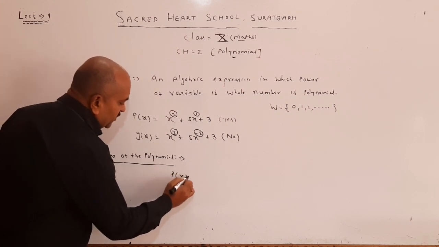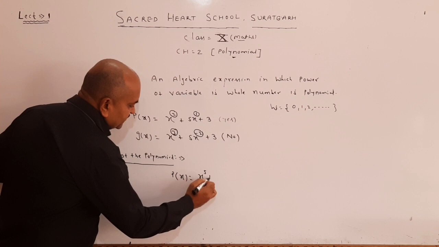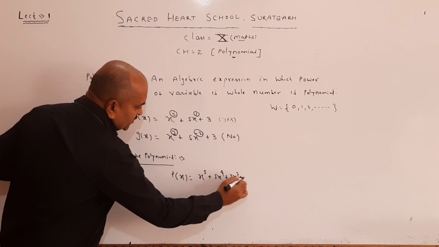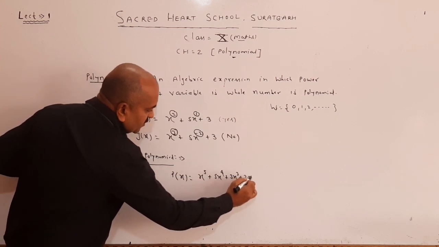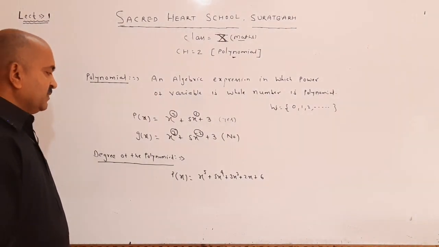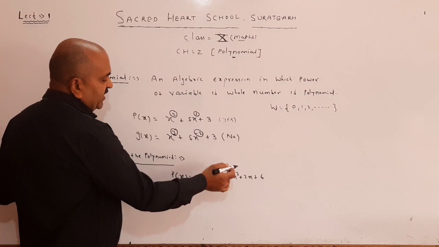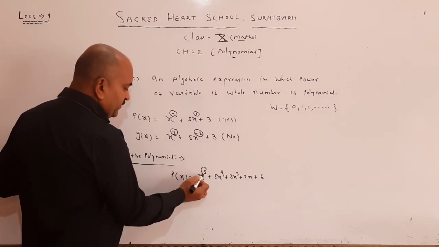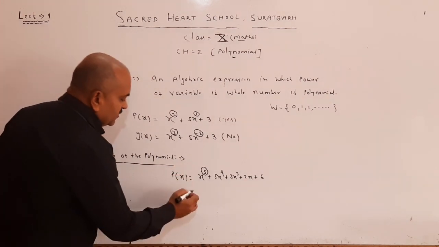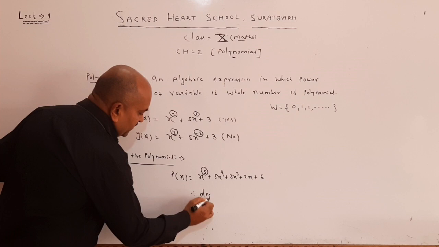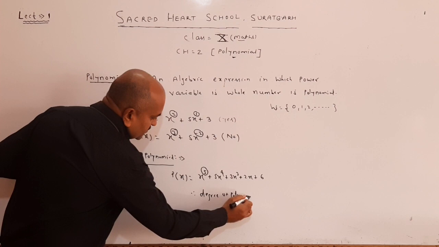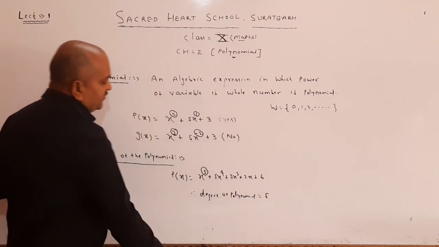Suppose a polynomial is given, p of x equals x to the 5, 5x to the 4, 3x cube, 2x plus 6. What is the highest power of the variable? 5 is the highest power of the variable. So the degree of the polynomial is 5.